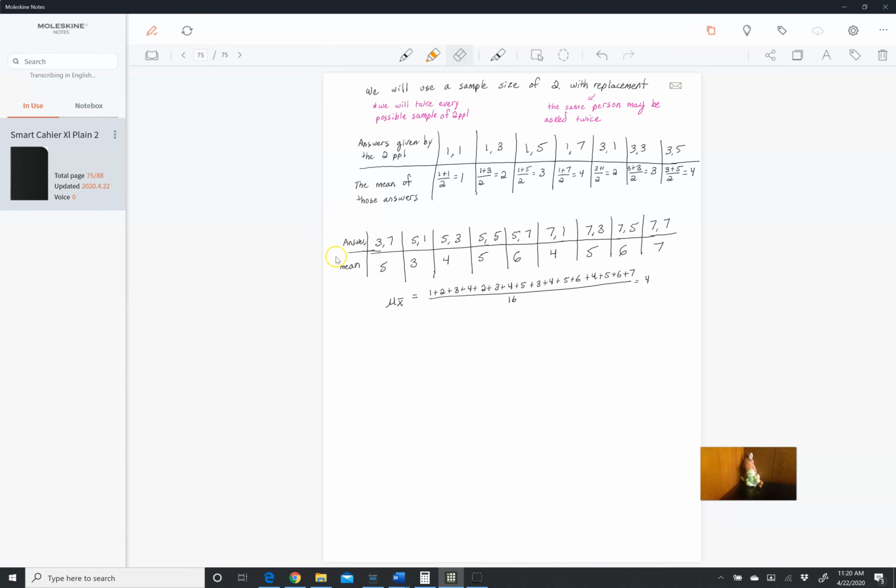This is not the sampling distribution. This is just the data collection. So let's find the sampling distribution, okay? The sampling distribution is the probability distribution for this. And we could find the mean using the probability distribution.